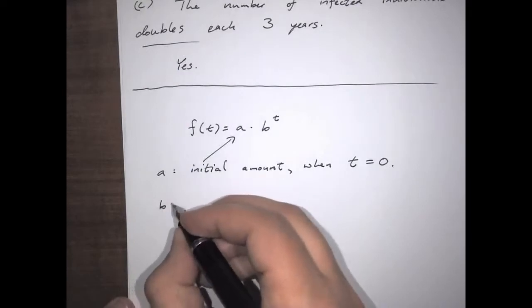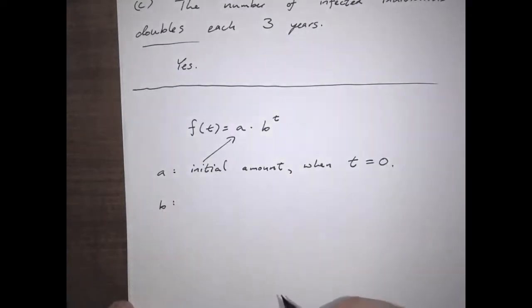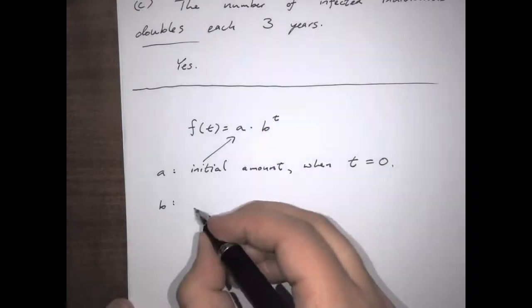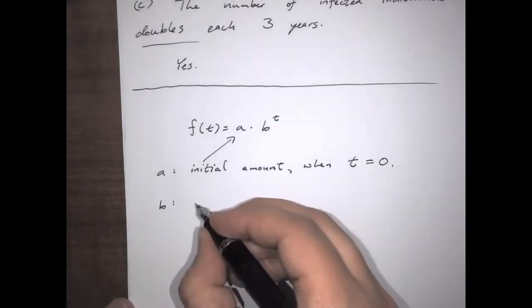Now as for b, b is the amount that the function gets multiplied by each unit of time. So this is what's called the growth or decay factor.